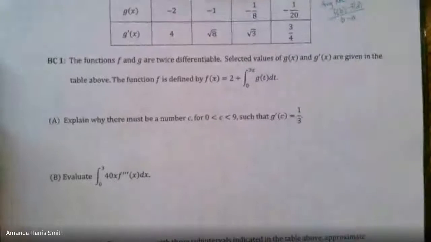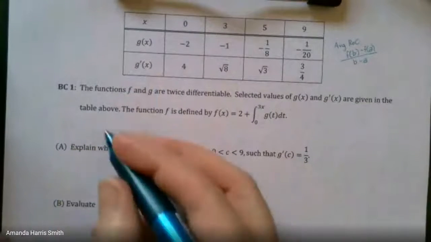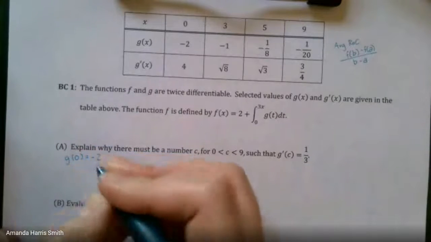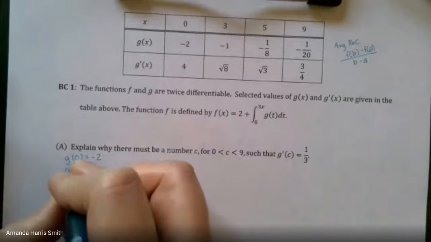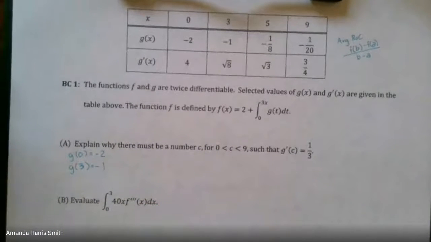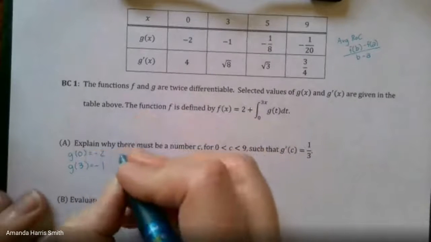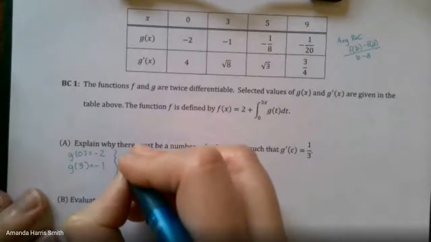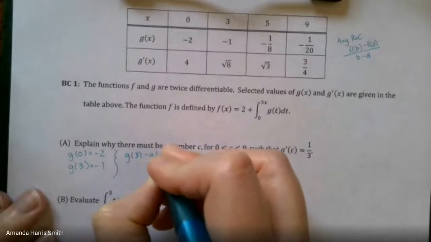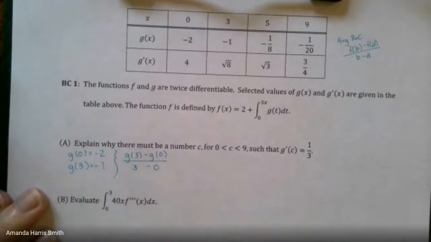Okay, so having determined that my route forward is going to be the mean value theorem, I'm going to write down here g of 0 is -2 and g of 3 is -1, establishing those are the ordered pairs from the table that I'm using. And then putting that together, f of b minus f of a over b minus a.